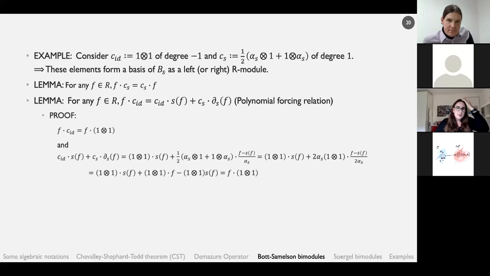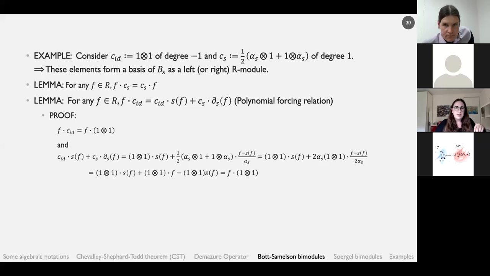So I will show you that the polynomial forcing relation does indeed hold, and it's quite a straightforward computation. We just use the definition of the Demazure operator, the fact that alpha S has degree 2, and the properties of the tensor product. If we do that, first F times C_ID is easy, we just plug in the definition. Then we look at the other side of the equation. For that, we first plug in the definition, then we take alpha S out of the tensor product.